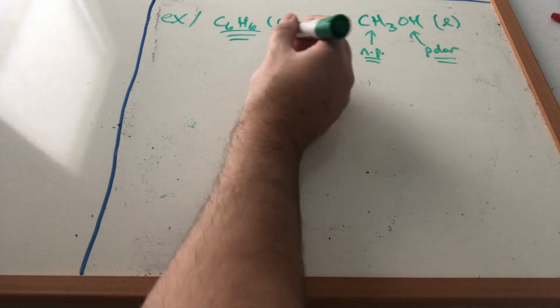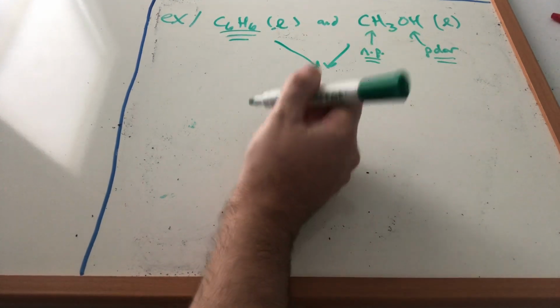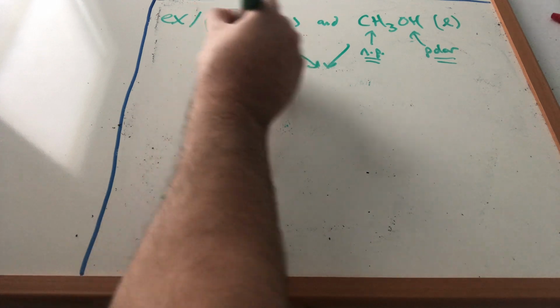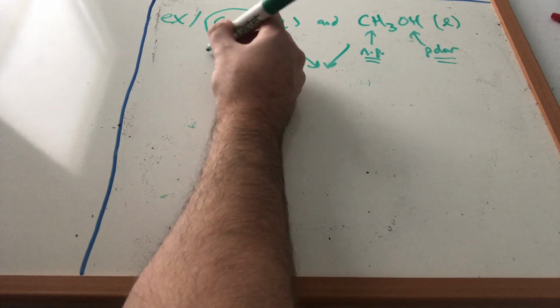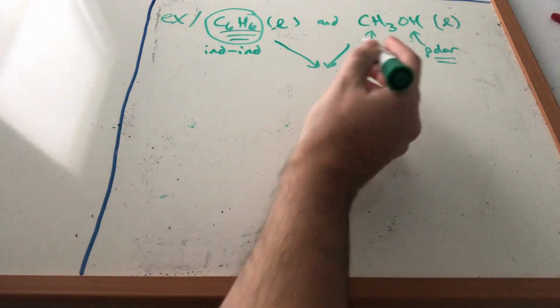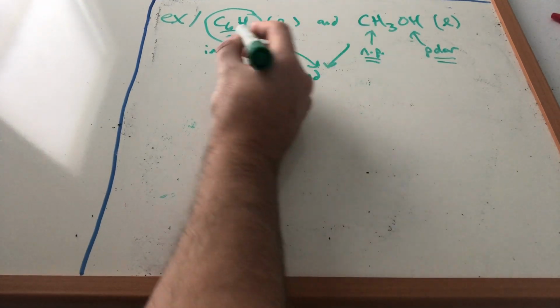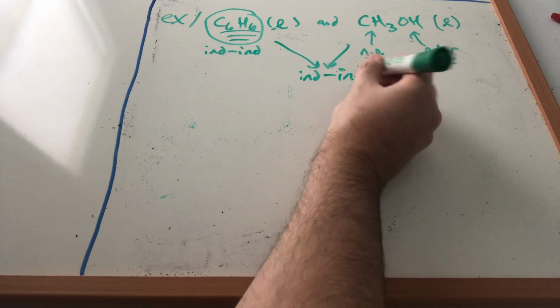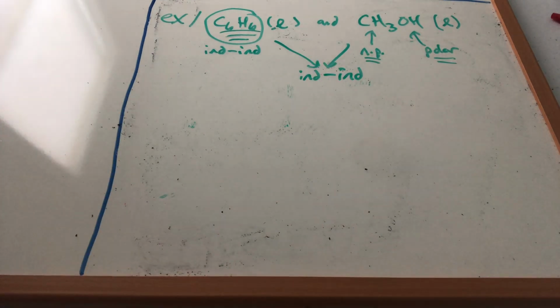get hydrogen bonding. When I put these guys together, the C6H6 by itself only ever has these induced dipole interactions. When these guys interact, if the nonpolar things bump into each other, you're going to get induced dipole interactions.